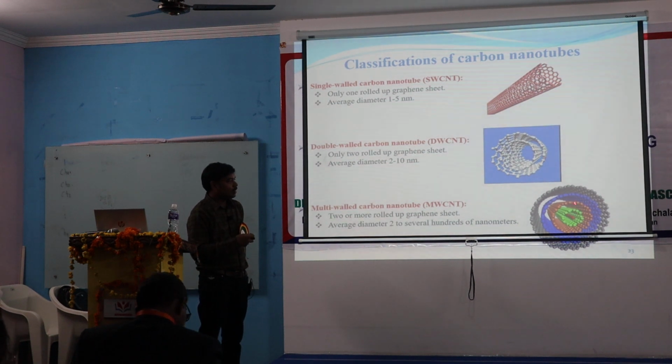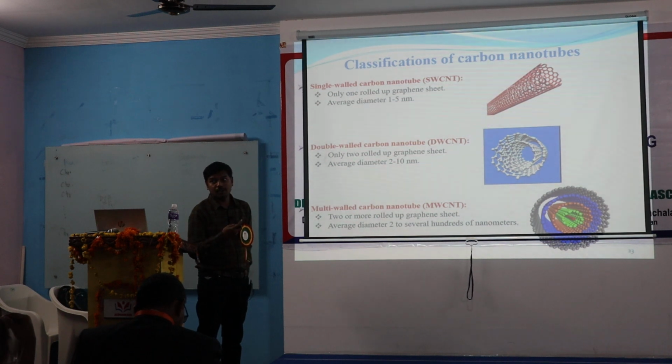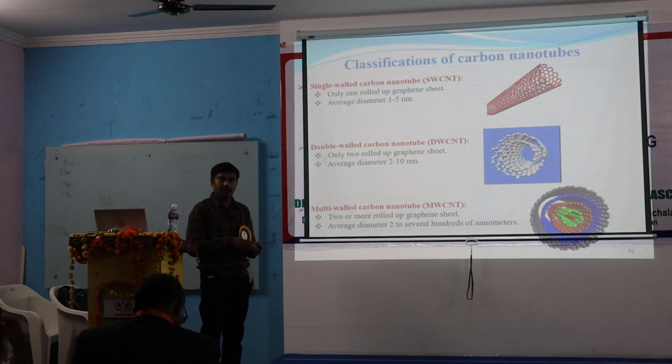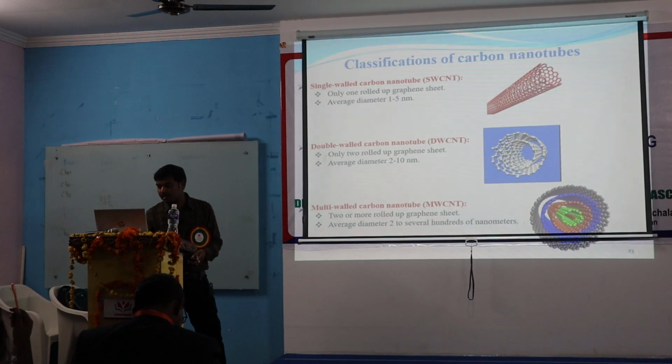How many walls are there? Four. Yes, it is multi-wall, MWCNT. SW, DW, MW, all can be used as metals.